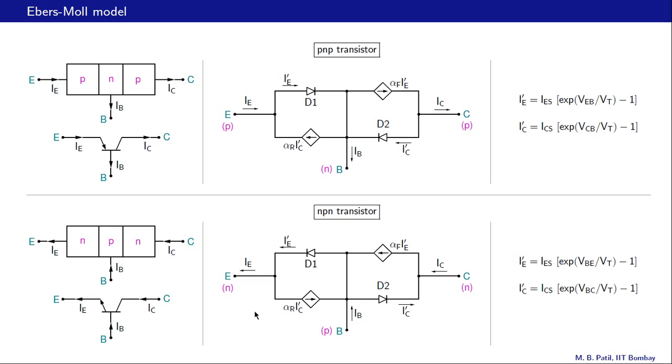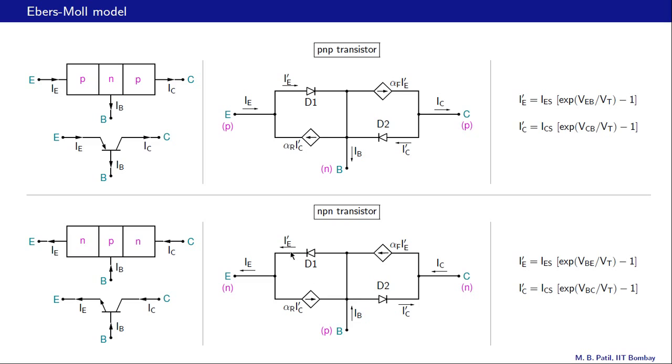The Ebers-Moll model for the NPN transistor is here, and as we see, it's very similar to the case for the PNP transistor, except now we have the polarity of D1 and D2 reversed, because earlier we had PN here, now we have NP like that. So the polarity of D1 is reversed as well as the polarity of D2.